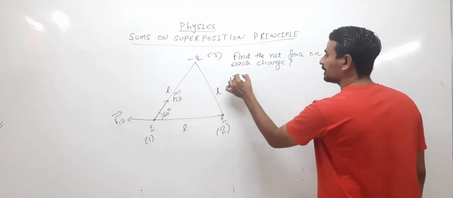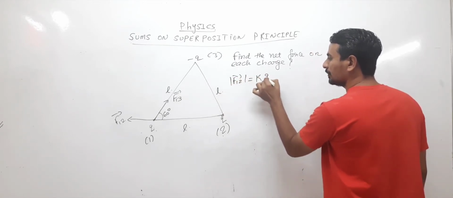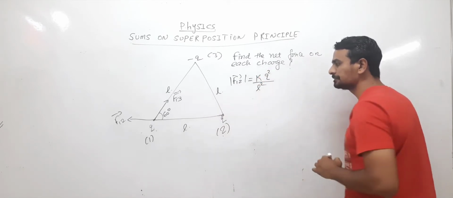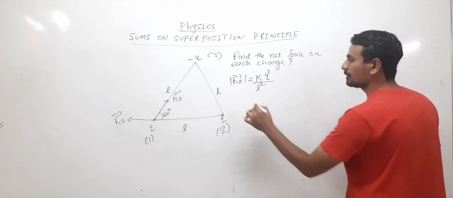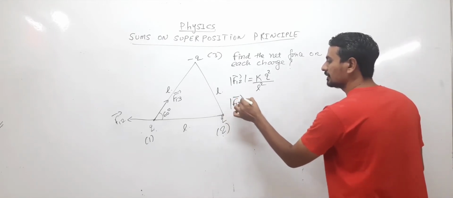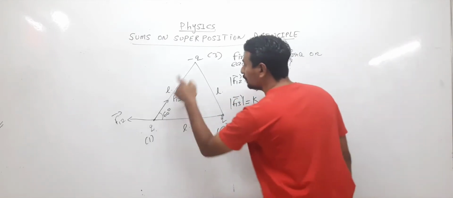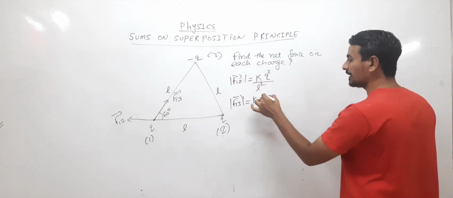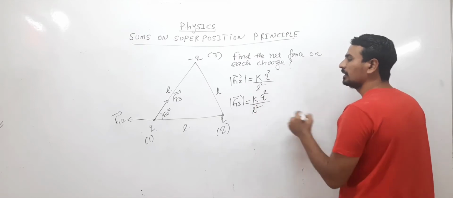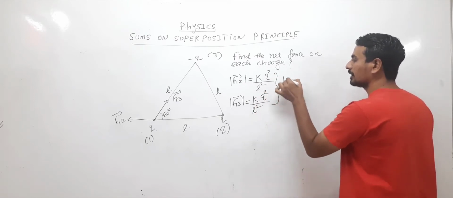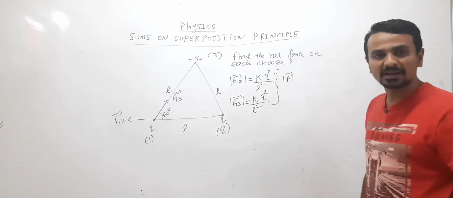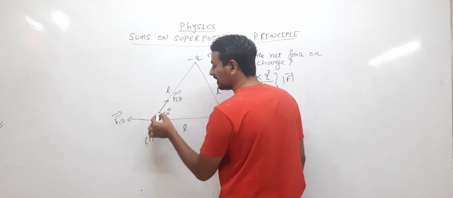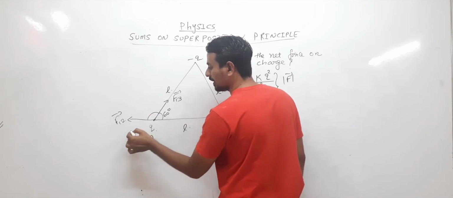Force on 1 because of 2 will be KQ1Q2, so that will be KQ square upon L square, right? Force on 1 because of 3, magnitude wise KQQ, because we are taking the magnitudes, so that will be KQ square by L square. Let this force be F, and what is the angle between these two forces? This will be 180 minus 60, so this will be 120.